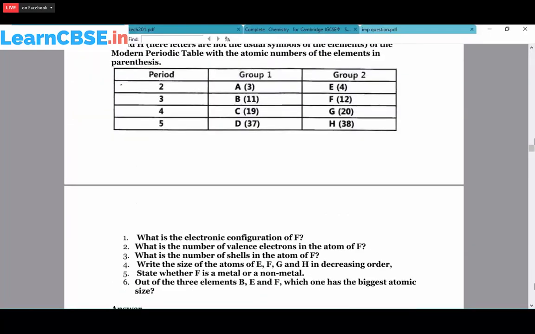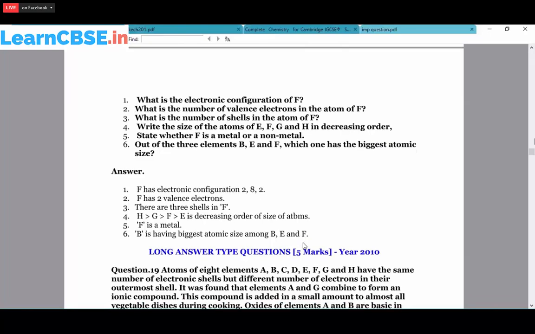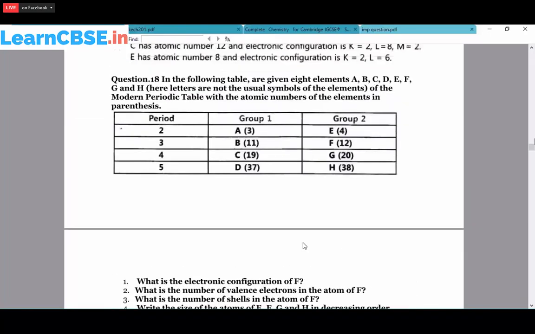So B has the biggest atomic size among B, E and F, because it is present in the third period, so it has three shells. But E is present in group 2 and has only two shells. So compared to E, B has more shells, so the atomic size increases.